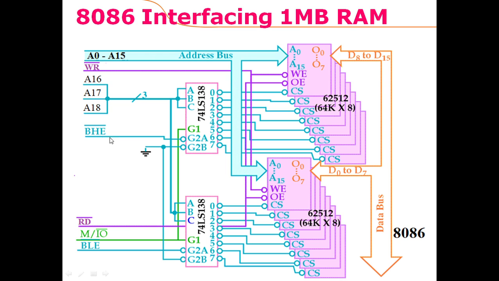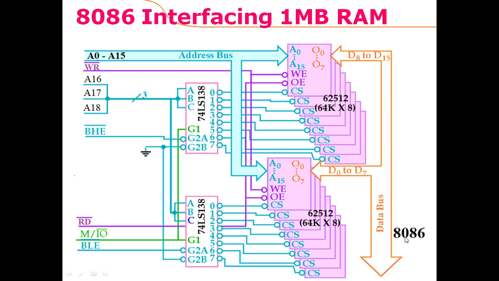So this bank high enable would enable either the upper bank or the lower bank, and the 16-bit address would identify a location inside either chip and either bank, and the read or write signal would identify a read or write operation on the memory chip. The output pins of every chip in this upper bank are connected with the higher 8 bits of the 16-bit data bus, while the lower bank output pins are connected with the lower data pins of the data bus.